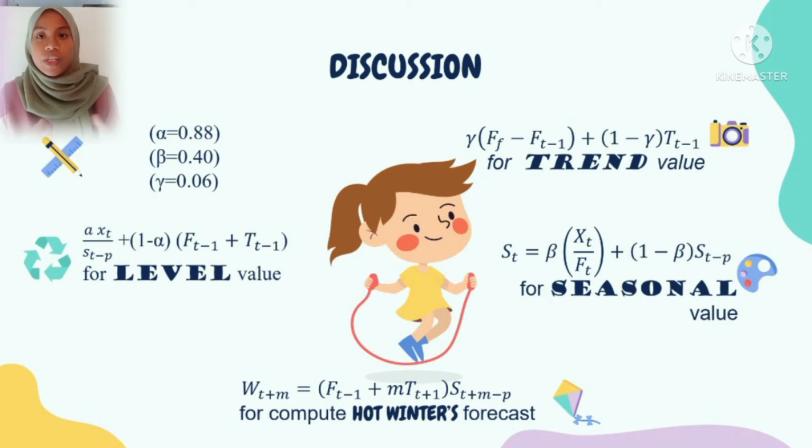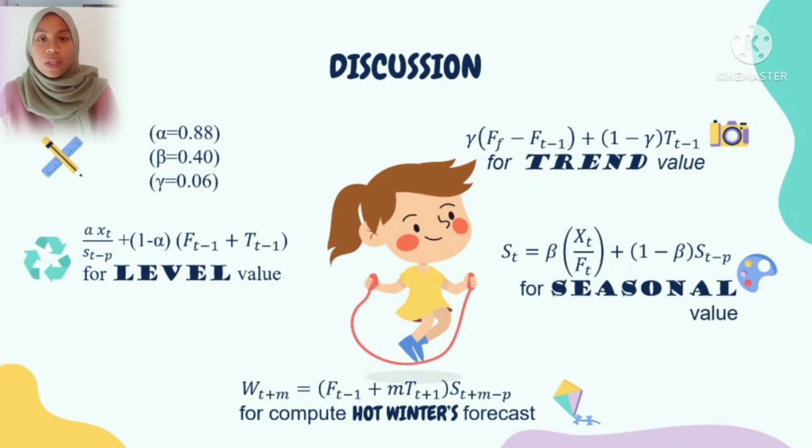For the level value, we use the formula: smoothing constant for the level, divided by the seasonality estimate minus P, plus open bracket 1 minus smoothing constant close bracket, open bracket smoothed value for the previous period plus trend estimate. For the trend value, we use T equal to smoothing constant for the trend estimate, open bracket smoothed value for time period T minus smoothed value for time period T minus 1 close bracket, plus open bracket 1 minus smoothing constant close bracket, trend estimate T minus 1.